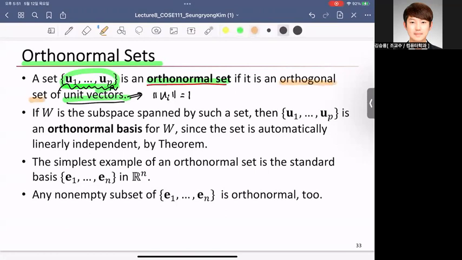Orthonormal set. So it's like this: inside the orthogonal set there is the orthonormal set, right? Because a vector being a unit vector is expressed like this. If W is a subspace spanned by such a set, an orthonormal set, then this one is an orthonormal basis.